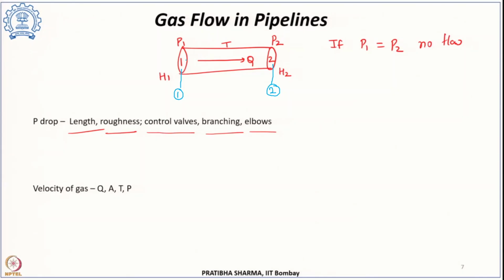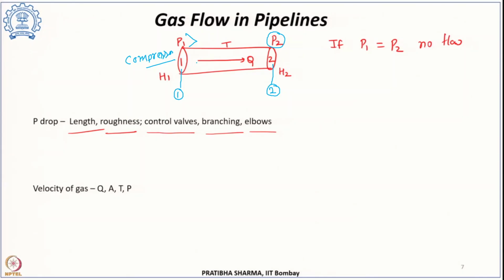Then only the hydrogen will flow from one point to another. The gas or water will flow from higher pressure to lower pressure. So pressure 1 should be higher than pressure 2. Then only hydrogen can flow. This higher pressure is generated by using the compressor.